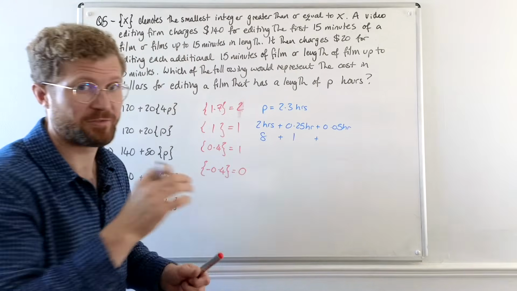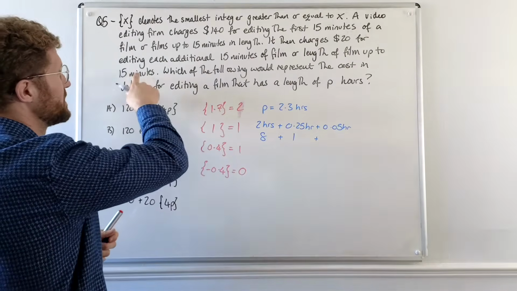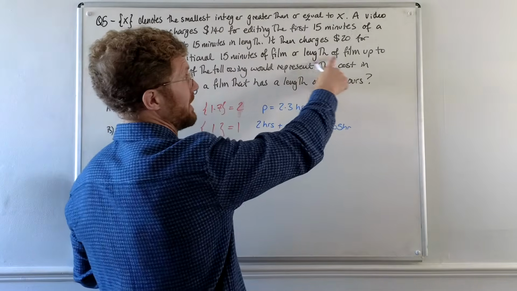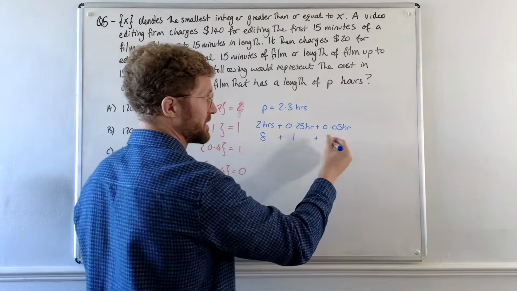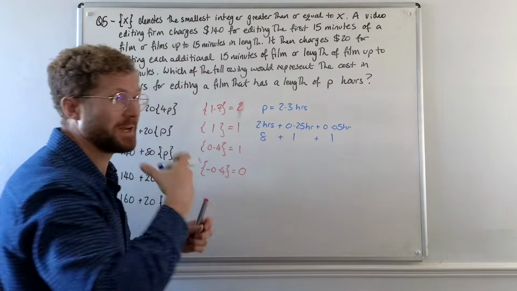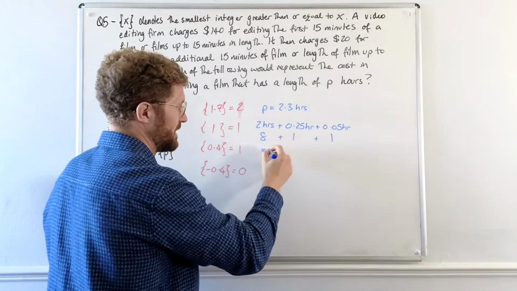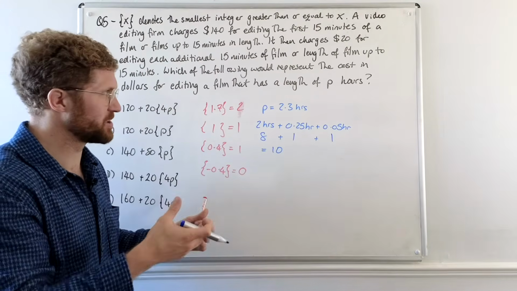And 0.05 of an hour, even though that's not 15 minutes, we were told that this company would charge $20 for editing each additional 15 minutes of film or length of film up to 15 minutes. So even though this is not a full 15 minutes, the company will still charge as if that block is 15 minutes. And so I've got 8 plus 1 plus 1, I have a total of 10 blocks that we need to charge for.